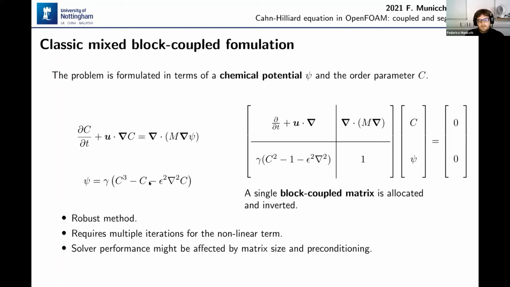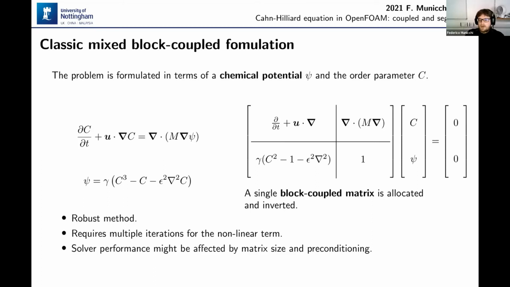So this term here is always going to be a negative contribution to the diagonal. Since I want to keep the diagonal of my matrix always positive, I just keep this term here implicit, so it will be a gamma c squared. And this other one here, I put it explicit, but then I update it in the next Picard iteration.